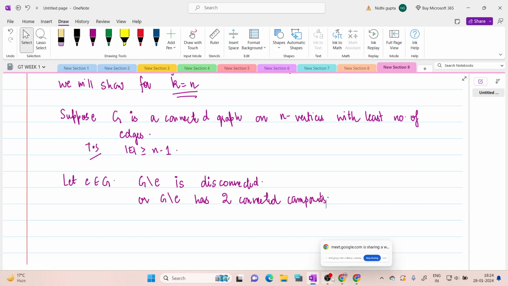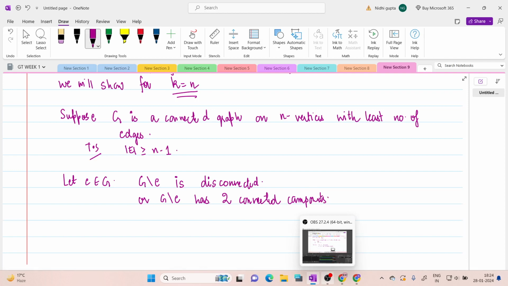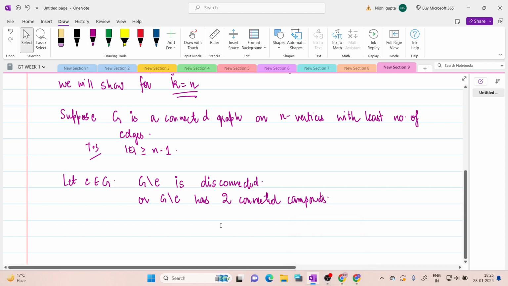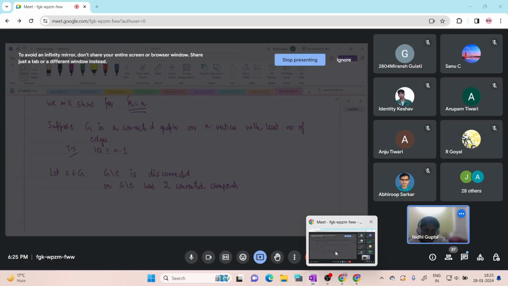So we have that G minus e is disconnected, and my second statement is saying that G minus e will have two connected components. Do you think it is true that if we have a connected graph and we remove one edge, and it becomes disconnected, then it will have only two components? As in, if we remove one edge from a connected graph, the new graph will have at most two components. Why is it true?